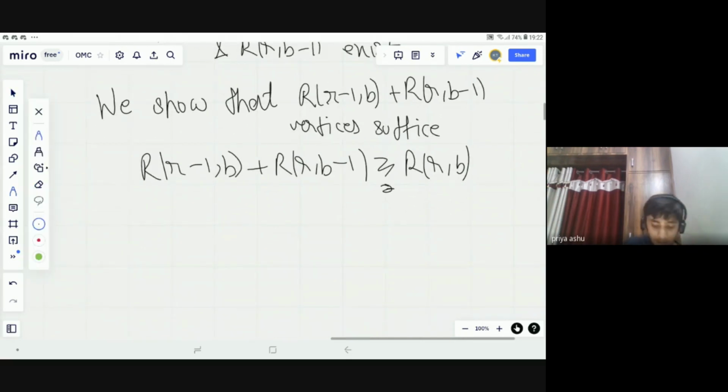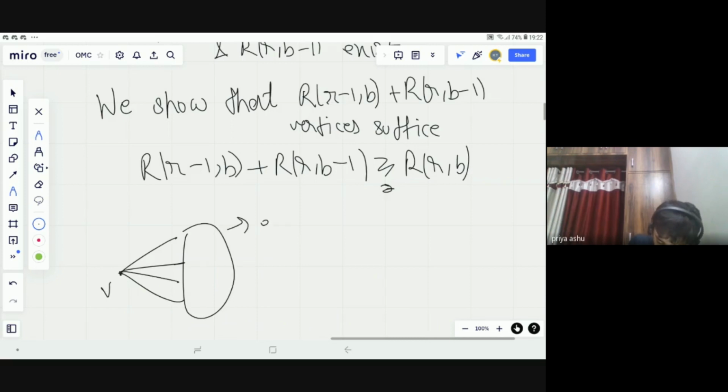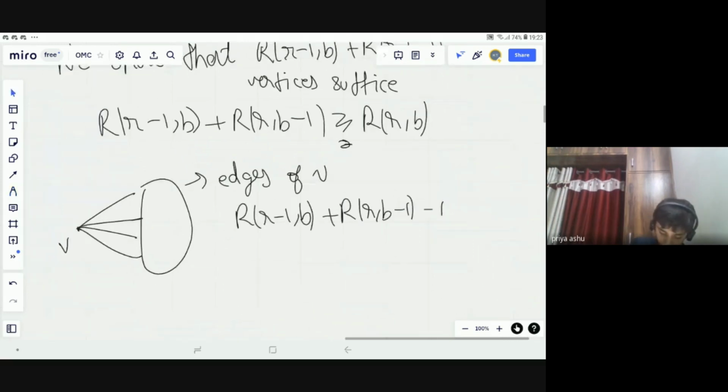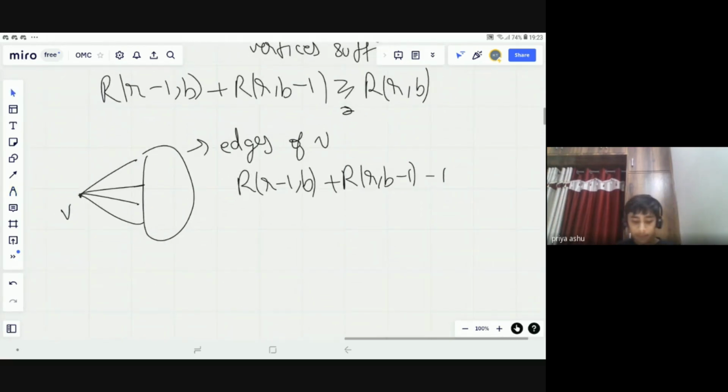And to prove that this number of vertices suffices, we take any vertex V, and so it has loads of edges. So the number of edges of V is R(R-1,B) + R(R,B-1) - 1, just because V is one vertex and the remaining vertices are these many.